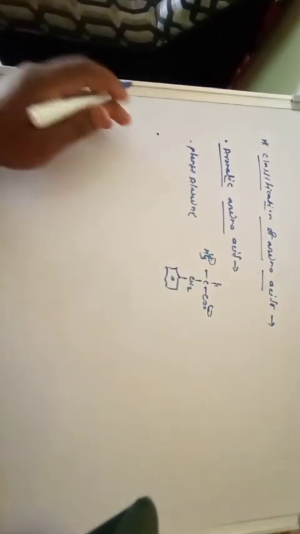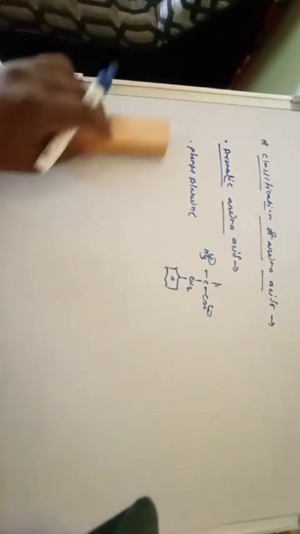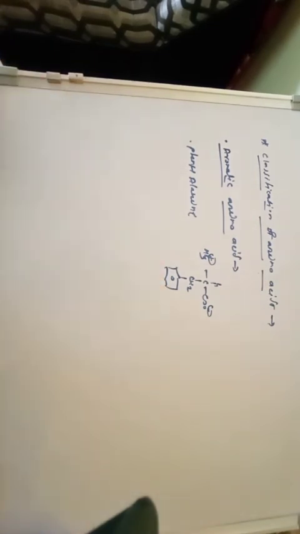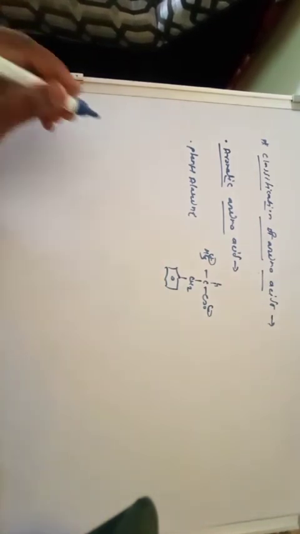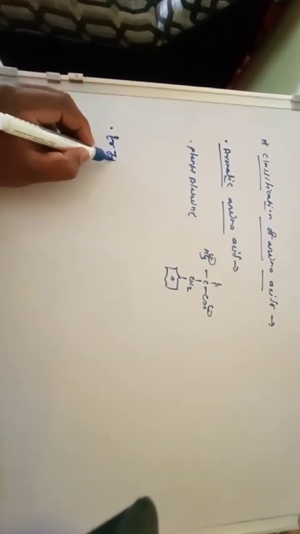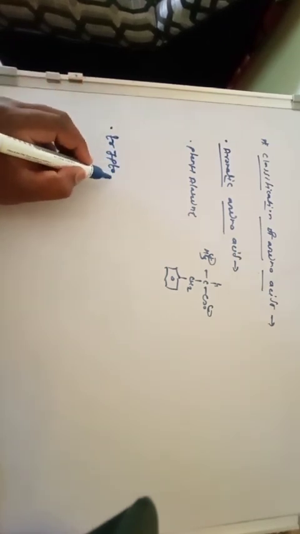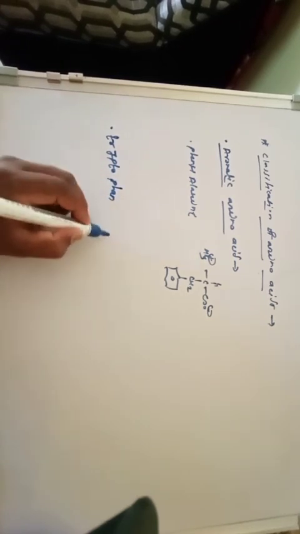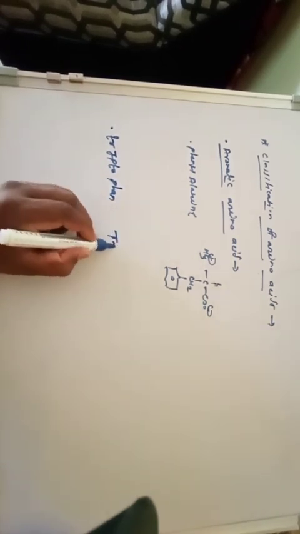We already discussed tyrosine under hydroxyl amino acids, that is this aromatic ring having an OH group. Next one is your tryptophan, TRP.